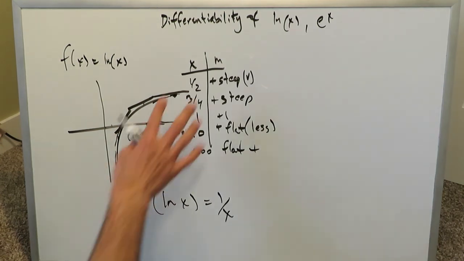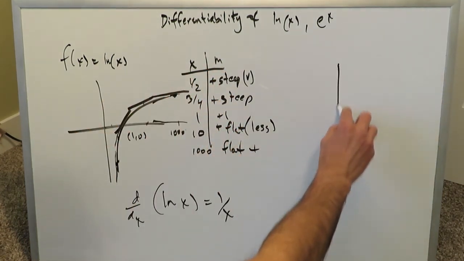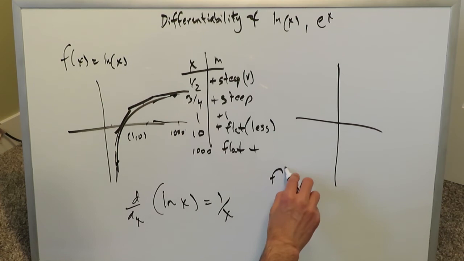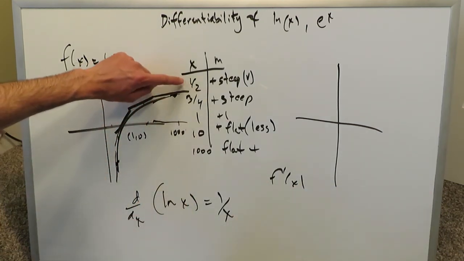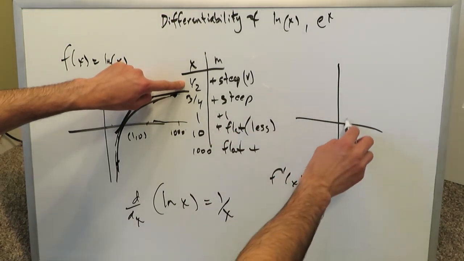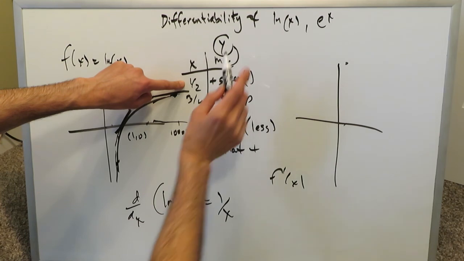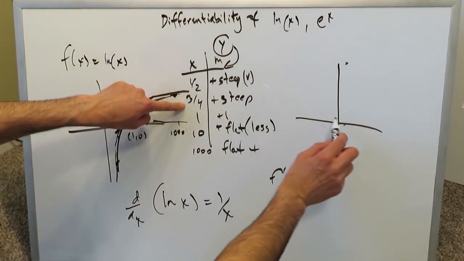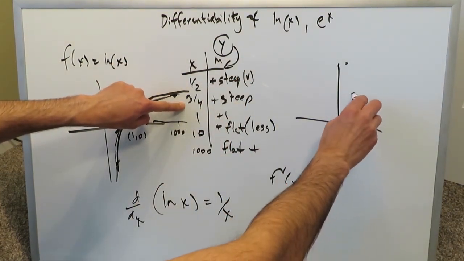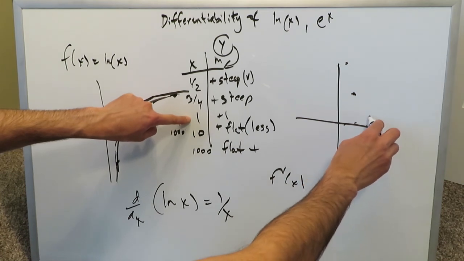If you were to take these data points and graph them out, you'd get a good graph of the derivative of your original function natural log x, and let's plot them out. At 1 over 2 we have a very steep slope, and these y-axis values represent these slopes of tangent lines. At 3 over 4 we have still a steep slope, not too much. At 1 we have 1 over here.